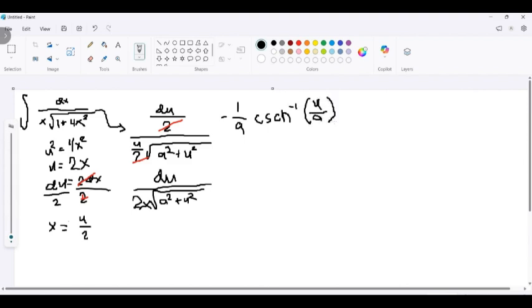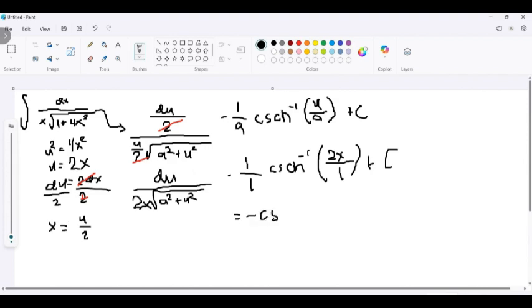Now we are plugging our values into the arc cosecant, to which we will have negative 1 over 1, which is equal to negative 1 arc cosecant 2x over 1 plus c.